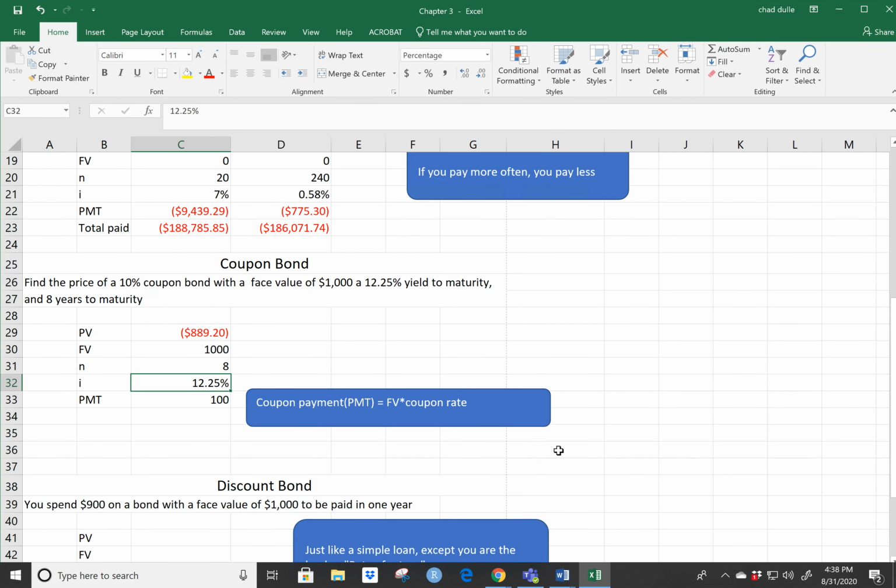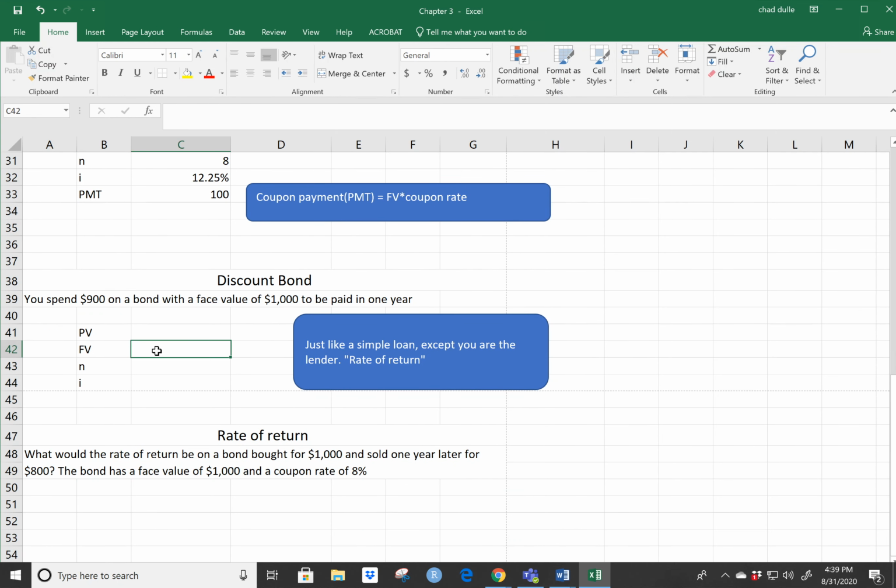As you can see, as this goes up, it's going to get cheaper and cheaper because that's what it's getting discounted at. Or if it's low and you can't earn an otherwise higher return, you're going to have to pay more for it. Okay.